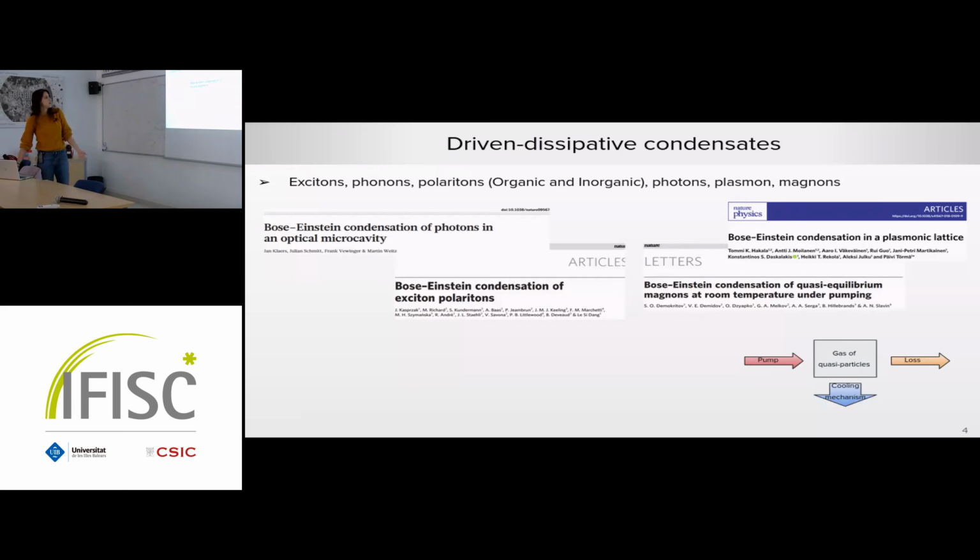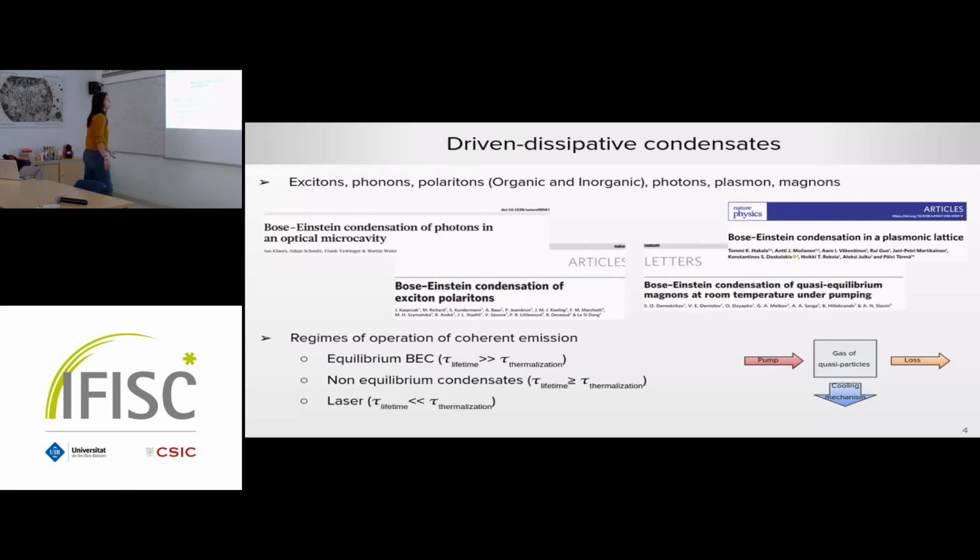So if you have a condensate with loss and pump, then this can happen in 3 different regimes. If the losses are very small, so that you have time for the particles to actually thermalize before you lose them, then this is pretty much similar to the equilibrium condensate. But you can have another case in which you have coherent emission, but the losses are faster than the cooling mechanism.